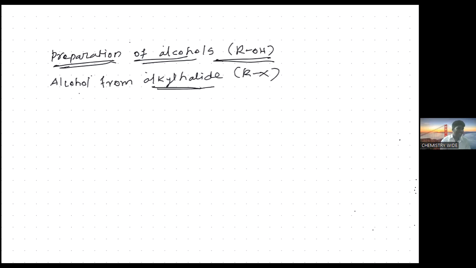Alkyl halide heated with dilute aqueous sodium hydroxide, we get alcohol.